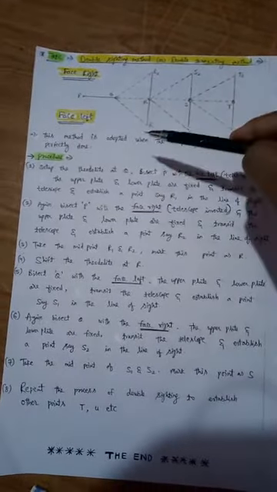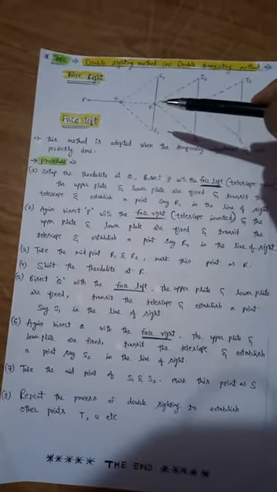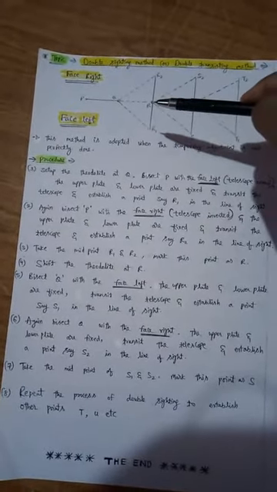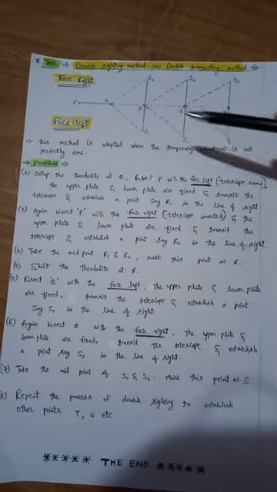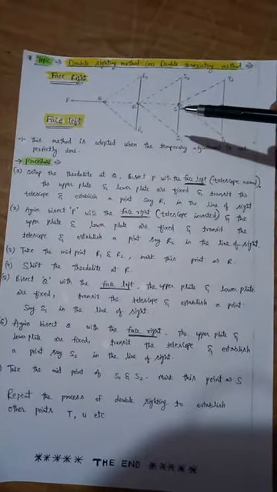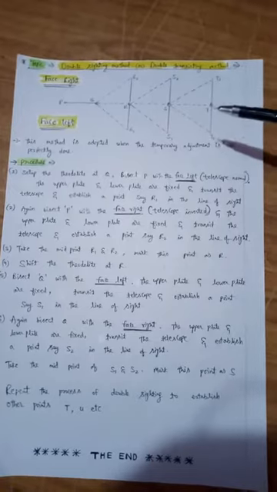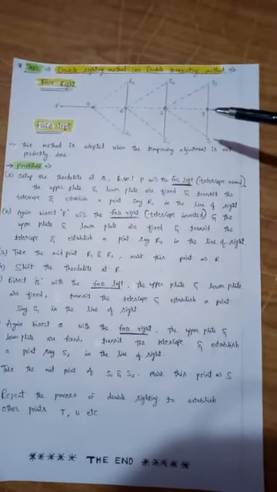So in between R1 and R2 we will be marking the point R. In between S1 and S2 we are marking the point S. In between T1 and T2 we are marking the point T here.